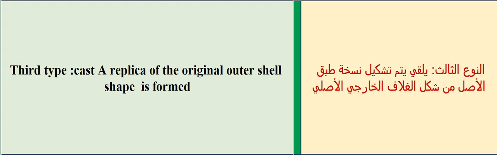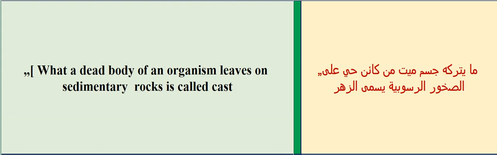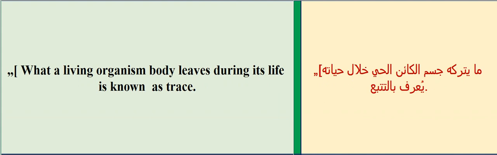Third type, cast, a replica of the original outer shell shape is formed. What a dead body of an organism leaves on sedimentary rocks is called cast. What a living organism body leaves during its life is known as trace.